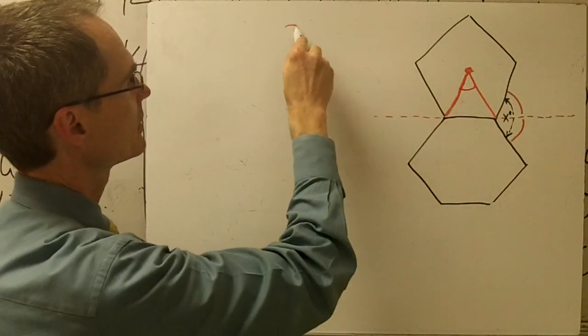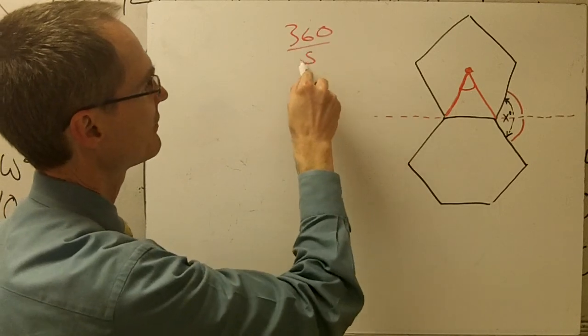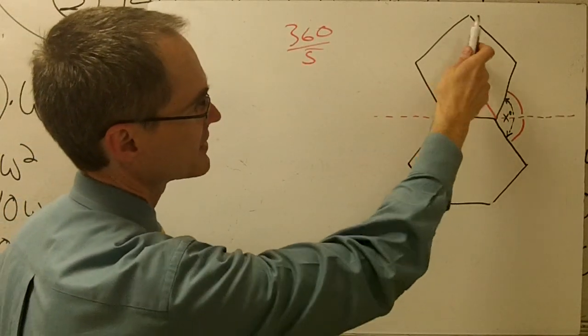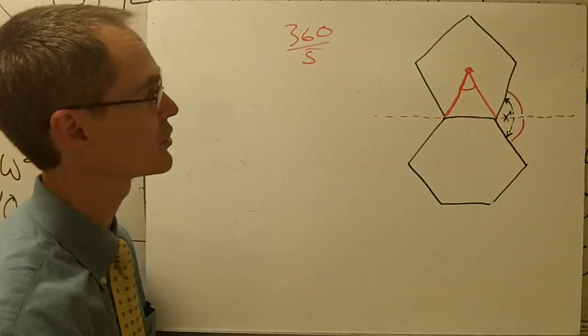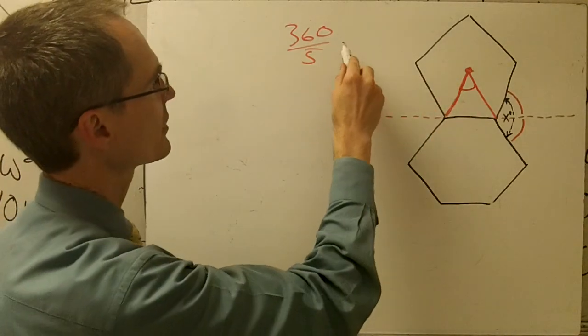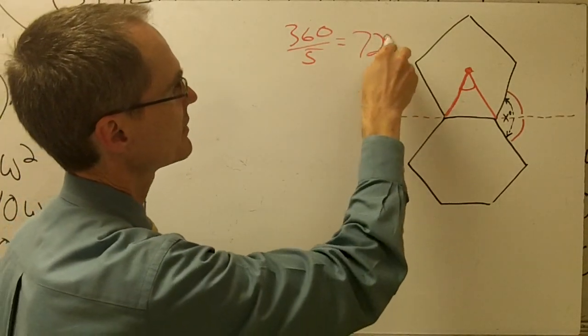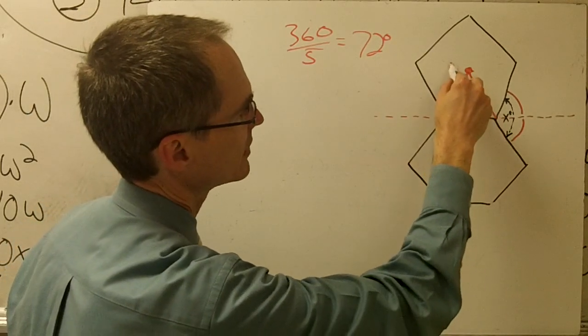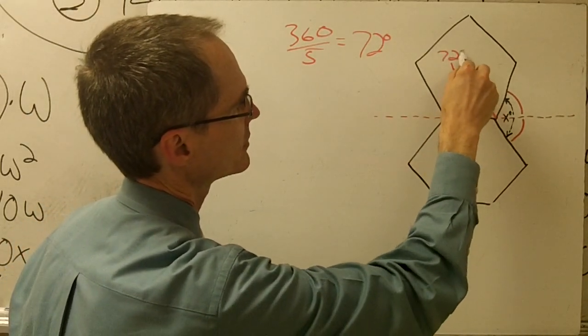That's just going to be 360 divided by 5, because I've got 5 of these same central angles. They're all congruent because it's a regular pentagon. So 360 divided by 5 is 72 degrees, which means this angle right here is 72 degrees.